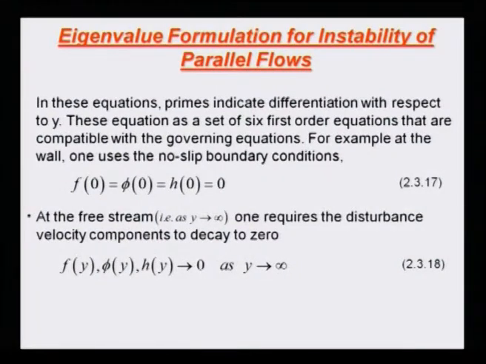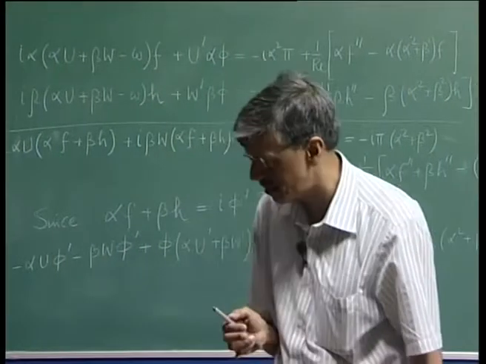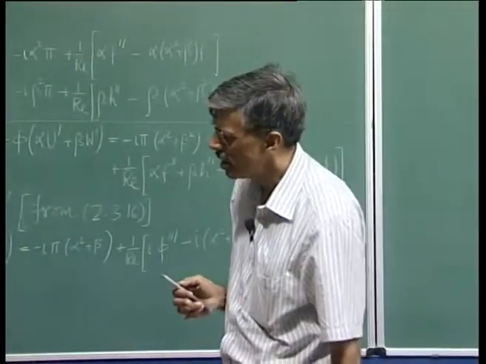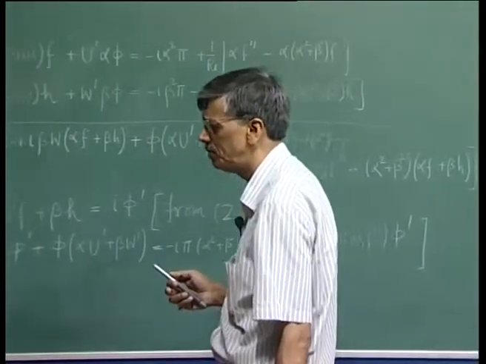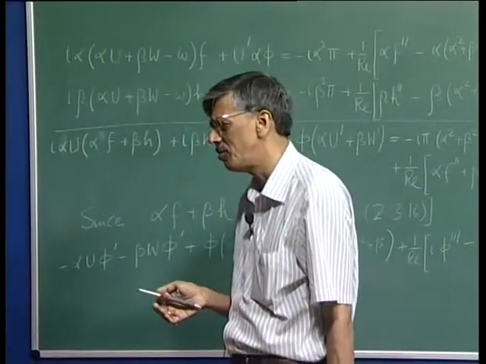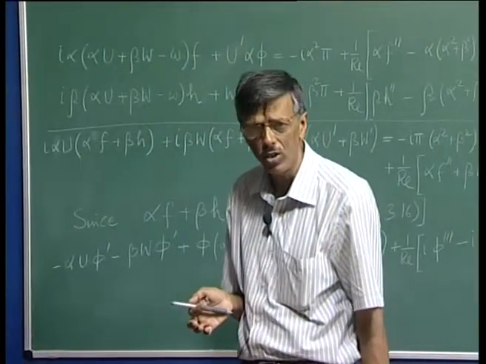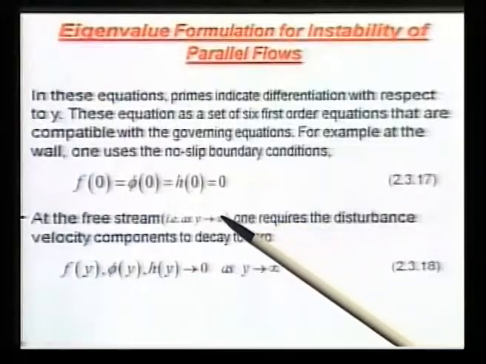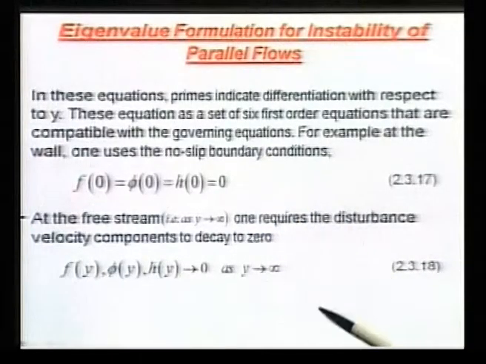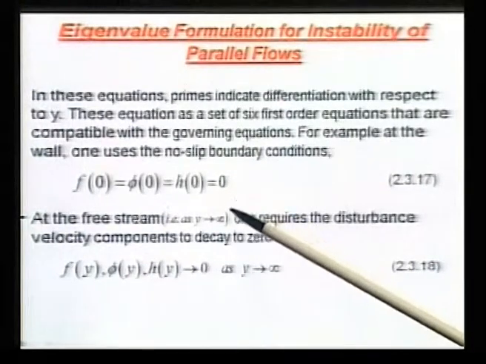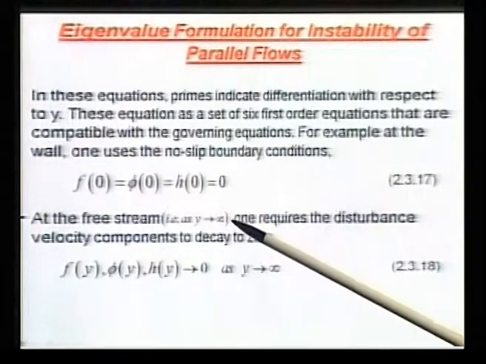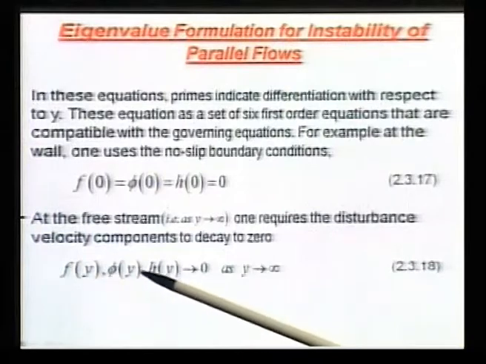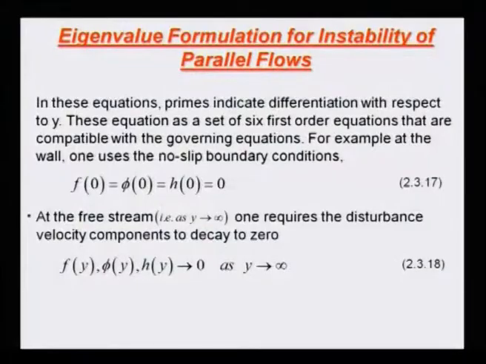And if we are trying to study how the disturbance propagates, then we will assume that those disturbances are of finite energy. So, if you go far away from the shear layer where the mean equilibrium flow is, that means if you go y tending to infinity, then all this disturbance amplitude should decay to 0.